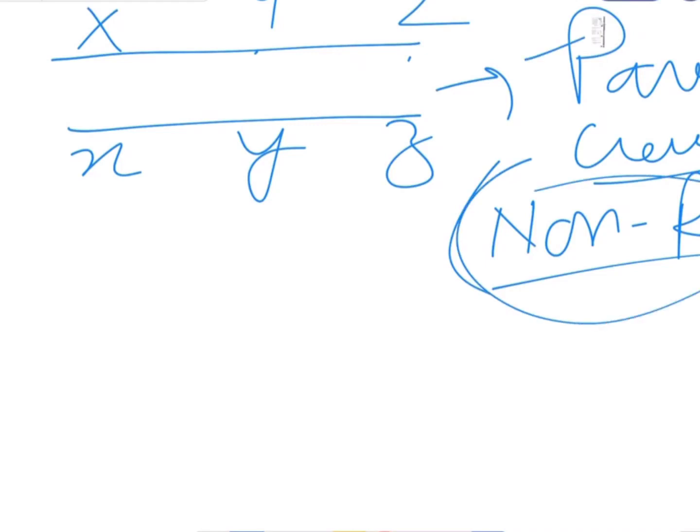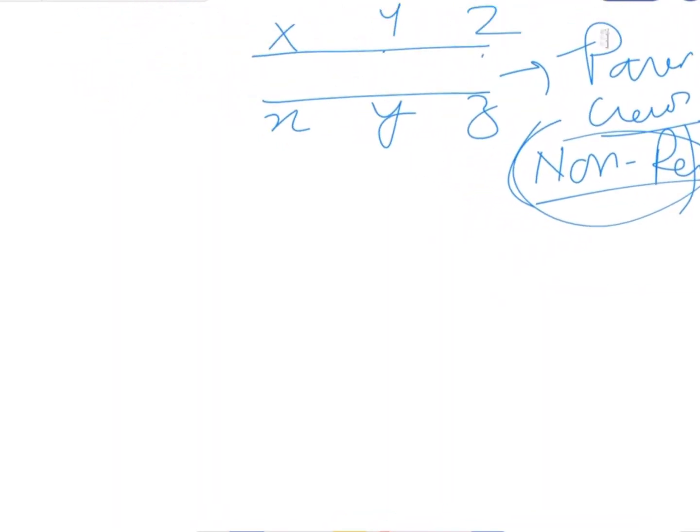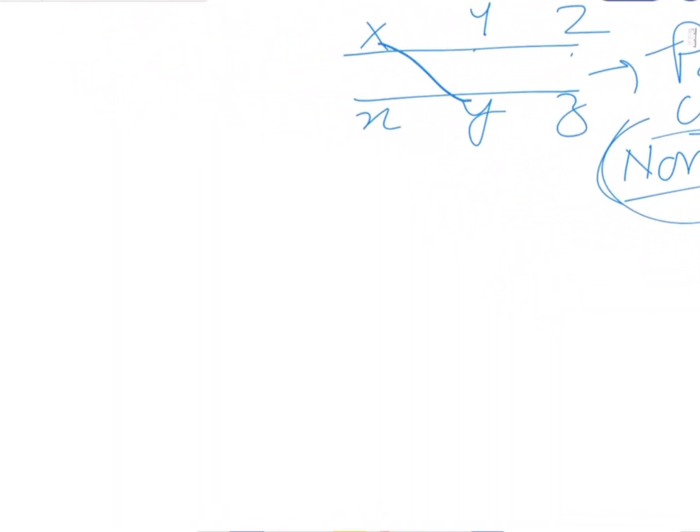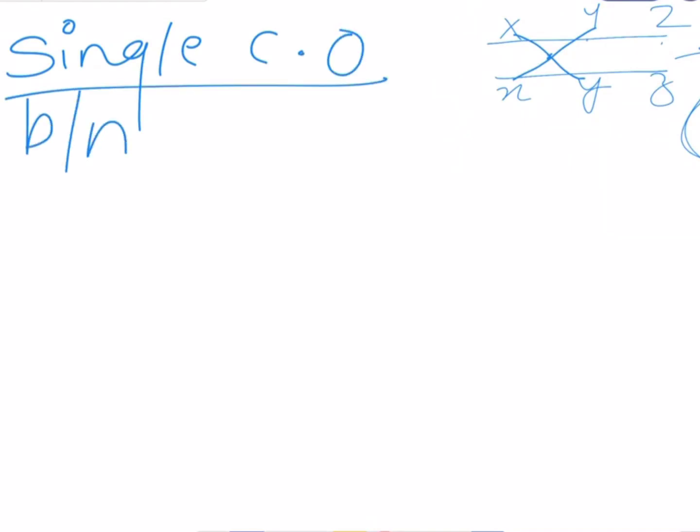Now, suppose a recombination occurs between X and Y. We call it single crossover, a single crossover between genes X and Y. Also, this is a single crossover between Y and Z.